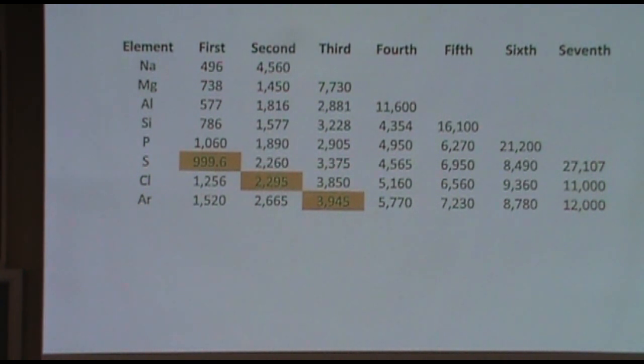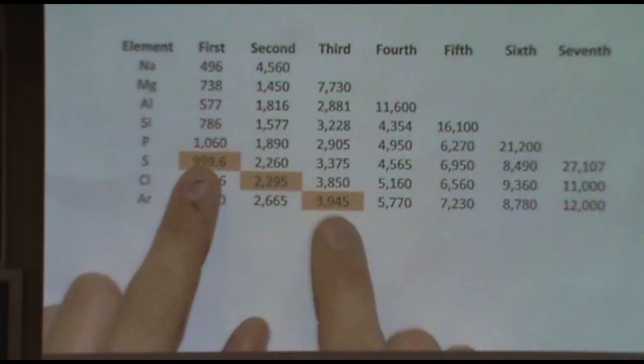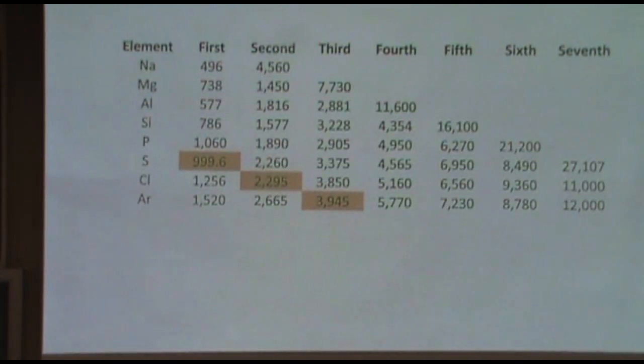So to lose that first electron from sulfur, it seems like it's much easier than you would expect, because if you follow the pattern, it's probably going to be a number between 1060 and 1256. But it's not. It's closer to 1000. Okay, why is that? Why is this energy for sulfur, and likewise these two, lower than what you would expect?